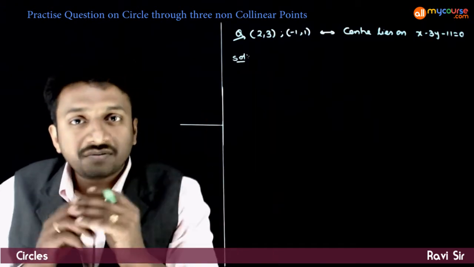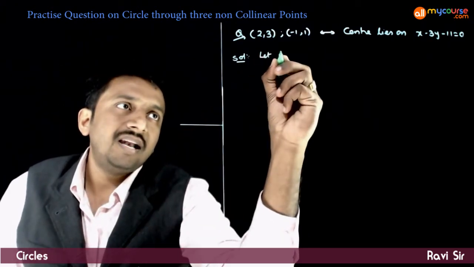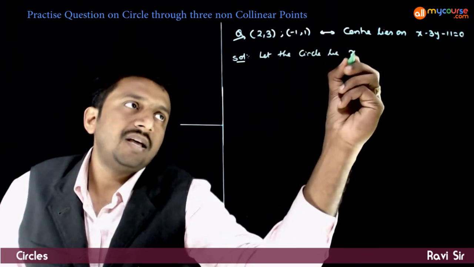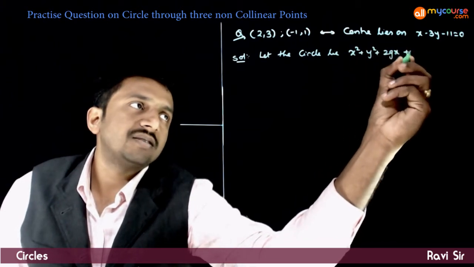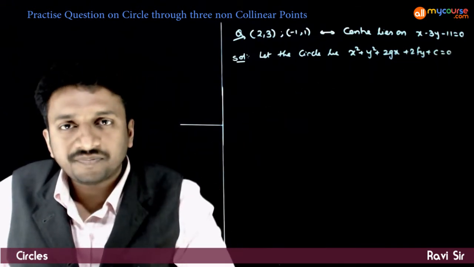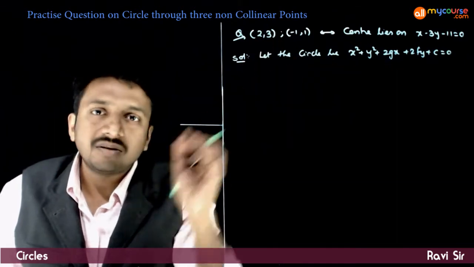So to solve this question, first let us assume that the circle is x² + y² + 2gx + 2fy + c = 0. Now, from the first condition, (2, 3) lies on the circle.